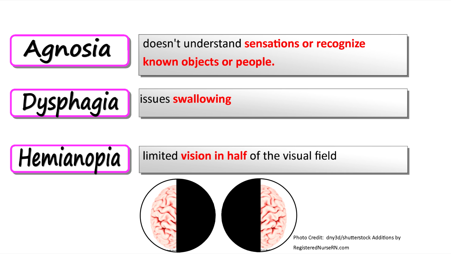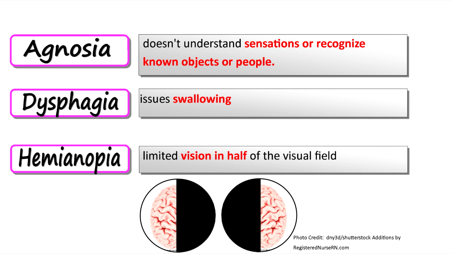And lastly, they can experience a condition of the eyes called hemianopsia. And this is where they have limited vision in half of the visual field. And below this is a little example of hemianopsia. And for instance, this is just a certain type. The patient maybe is looking and they only see in each eye half of the object that they're looking at, and the other part they can't see.